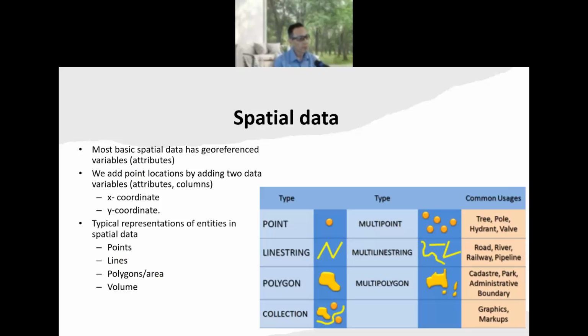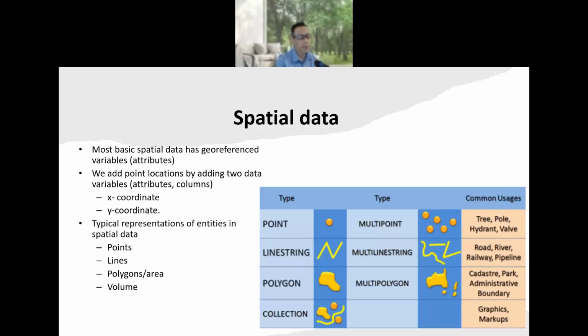So when we say we need information on the locations or the geography, there are three common types of spatial data that we can use as the basis of the locations. For example, we can use point data.